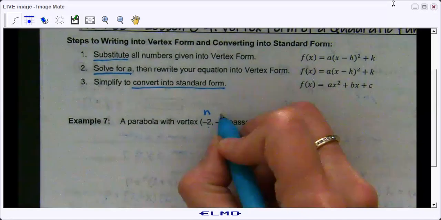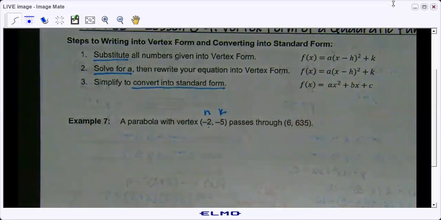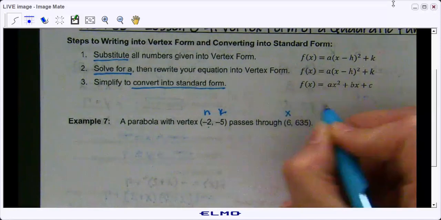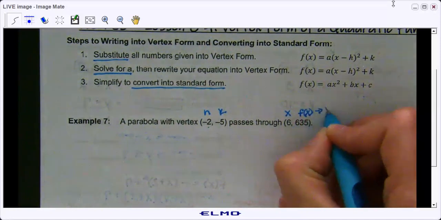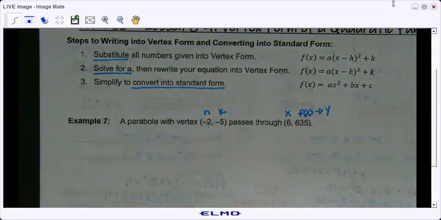K. What is 6? X. Oh, you said 8. Yeah, it's x. And then 635 is f of x, which is just y. What are we missing? We're missing A. In order to do this, we have to have A.